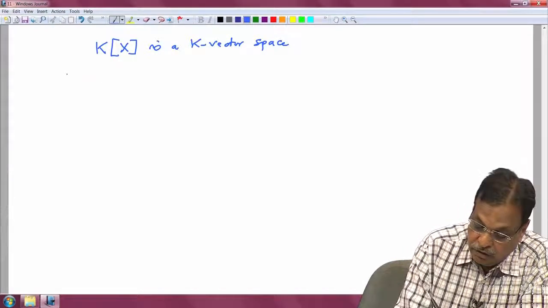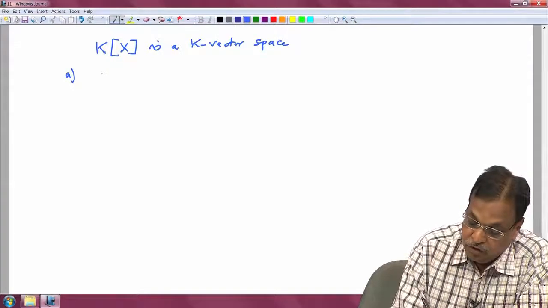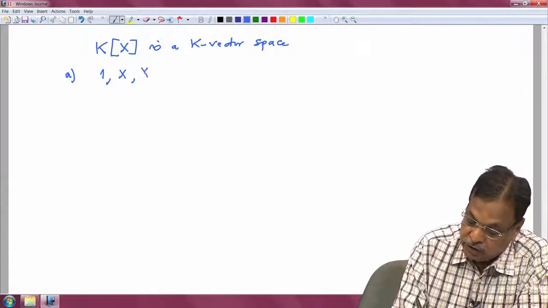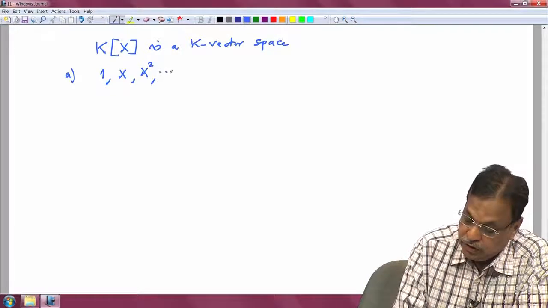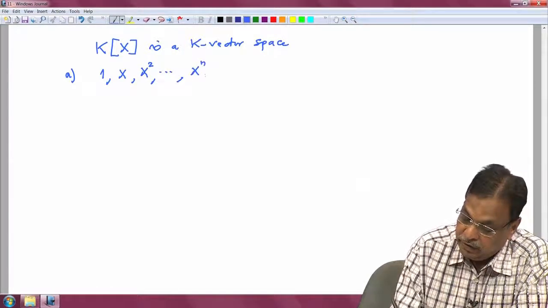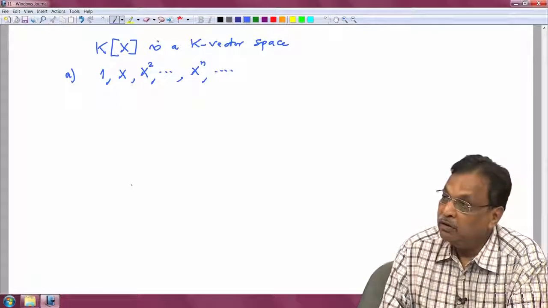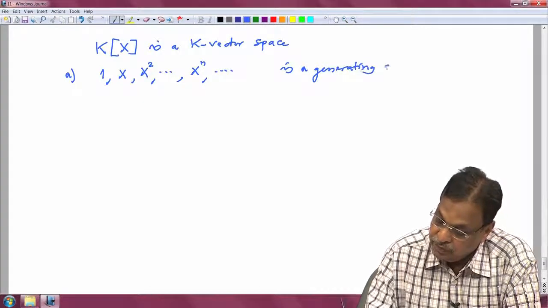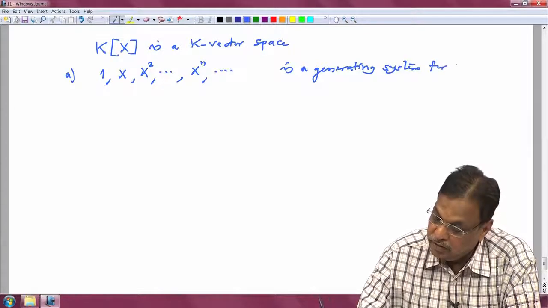If you look at the family 1, x, x square, all powers of the indeterminate and so on, this is a generating system for K[x].